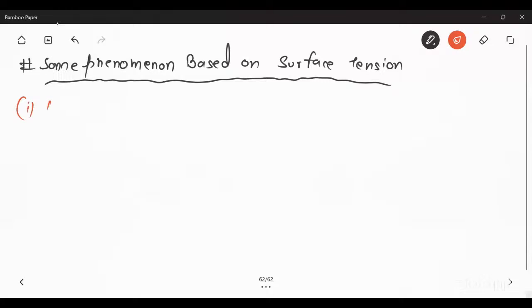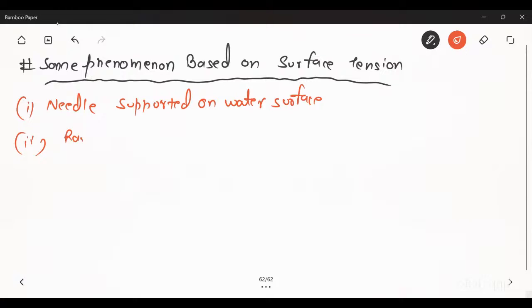First is a needle supported on a water surface, that is due to surface tension. Second, raindrops are spherical due to surface tension.